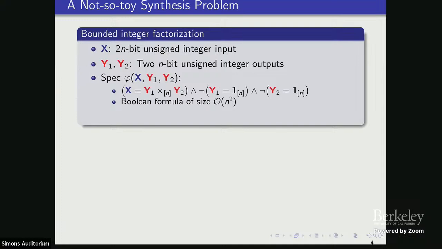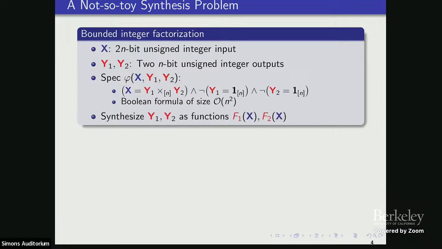So if you stare at this specification for a second, you'll realize what I'm asking is a non-trivial factorization of a 2n-bit integer. Indeed, even if I do the simplest way of representing multiplication, the high school multiplication algorithm, this can be represented by a Boolean formula of size at most O of n squared.